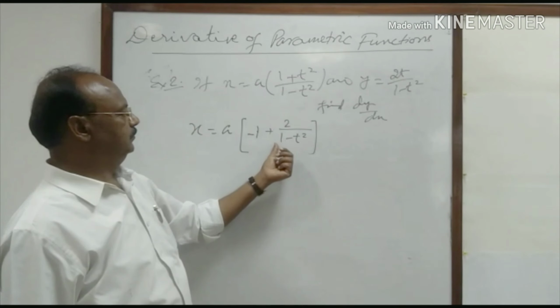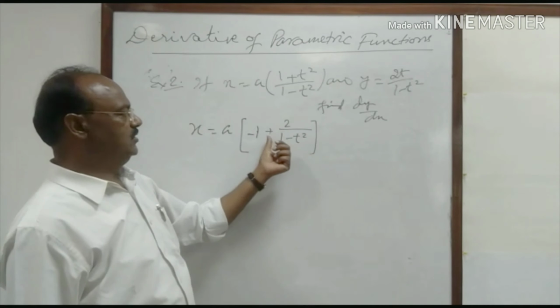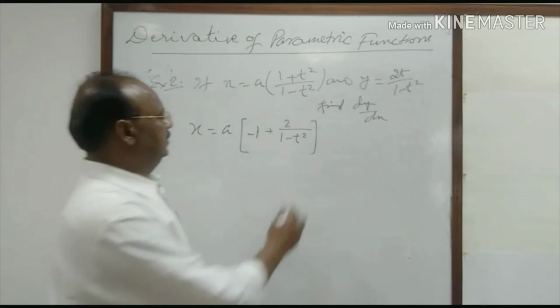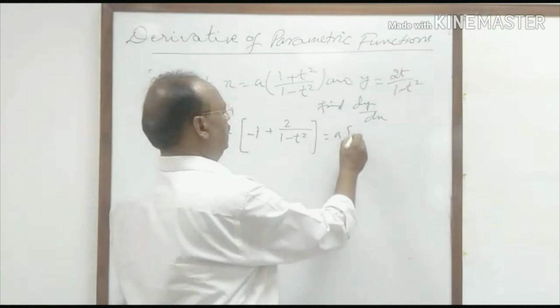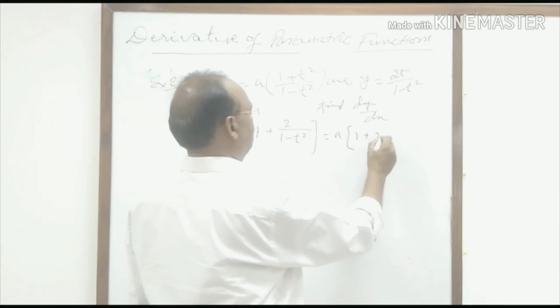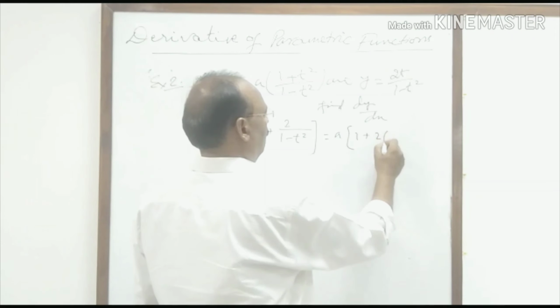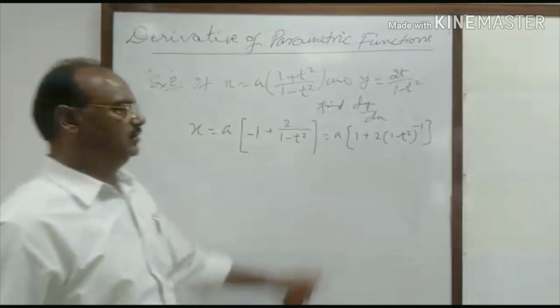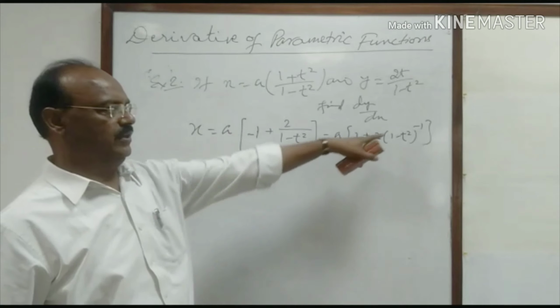This will be minus (1 plus t square) plus 2, over (1 plus t square). And this is equal to a times minus 1 plus 2 times (1 minus t square) whole to the power minus 1.